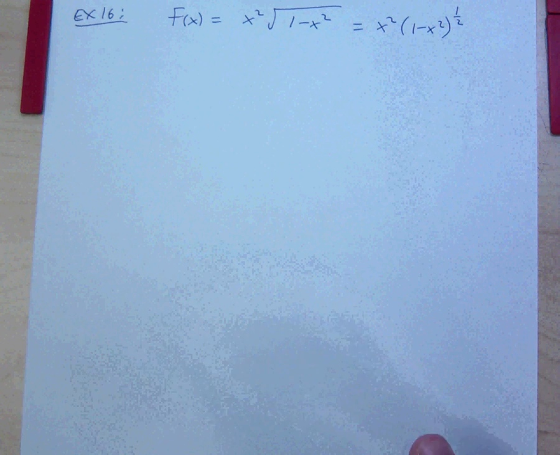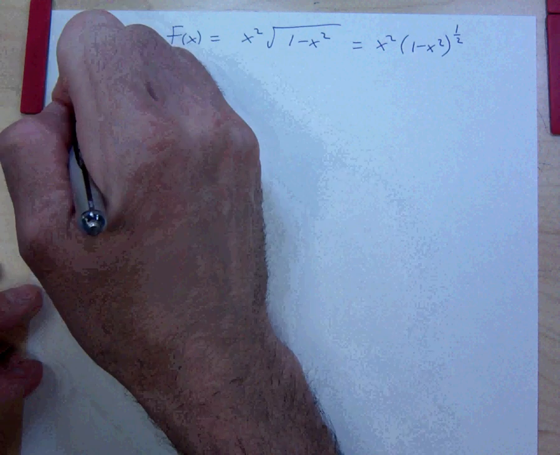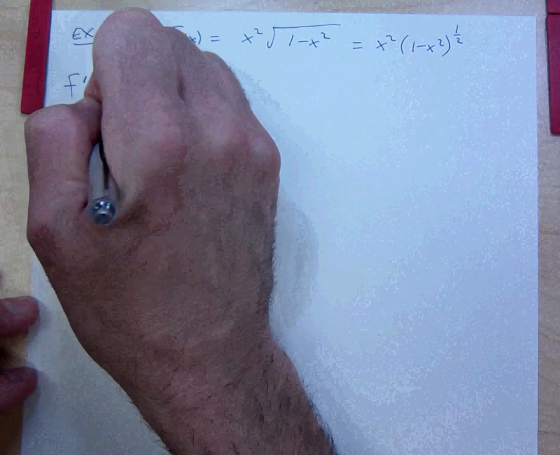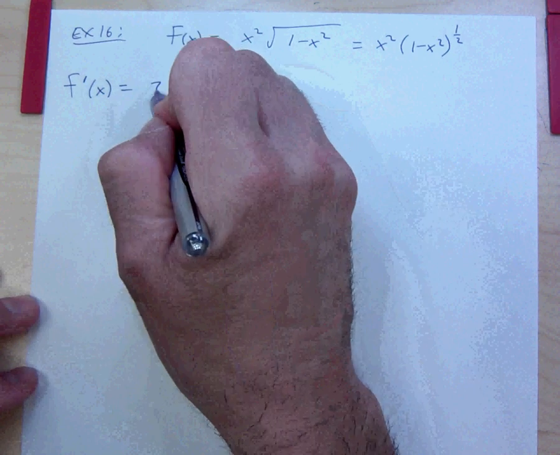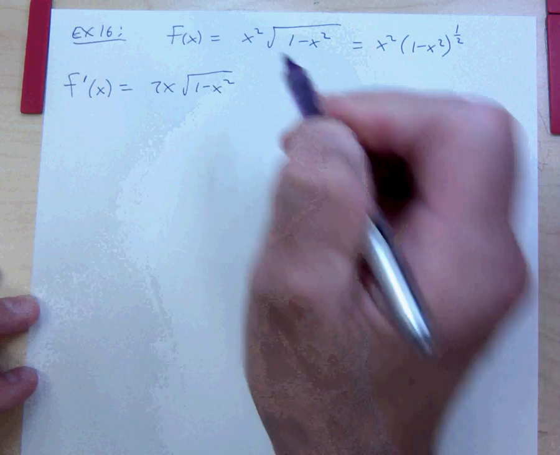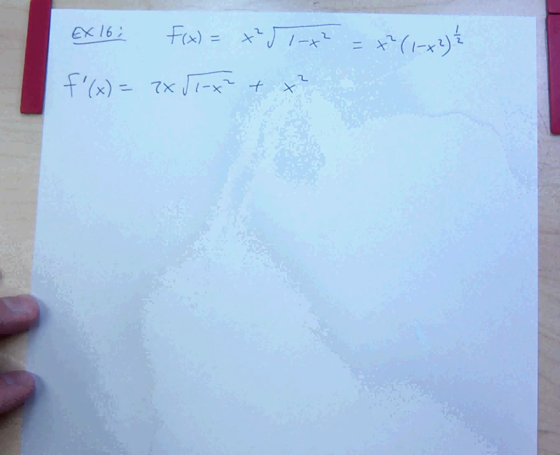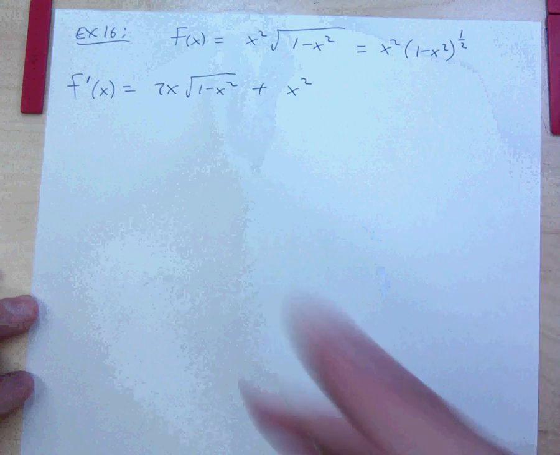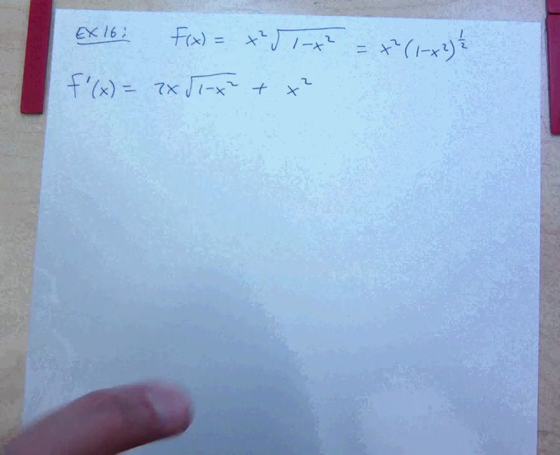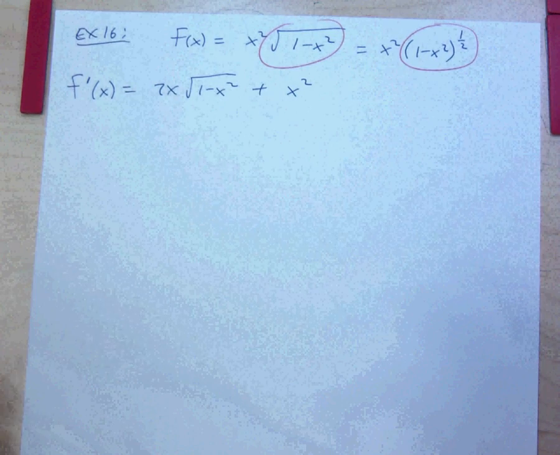So, here it goes. So first the product rule. I take the derivative of the first function, which is that, times the second function, which is that, plus the first function, which is that, and now times the derivative of the second function. And so when I go to take the derivative of this, which is the same thing as that, clearly I'm going to use the chain rule, right?